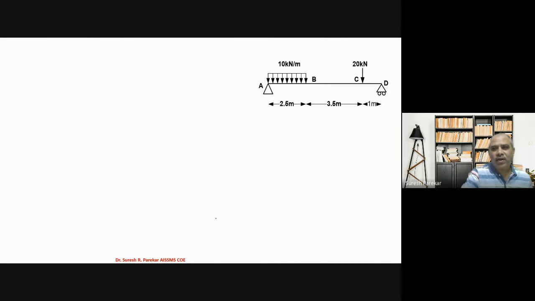And then we have the third problem, and here the EI value is given. So we can calculate the value of EI.